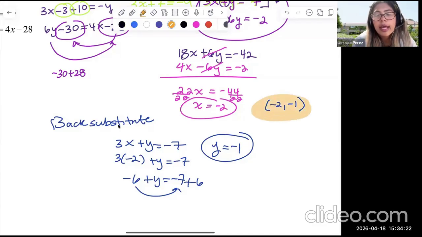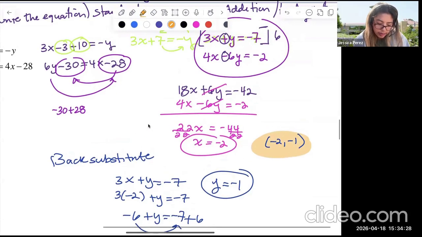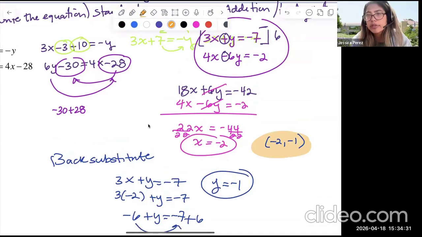So now, again, I'm making sure that I am substituting back into the original. You could have plugged it into 4x minus 6y equal negative 2, and you would get the same solution. So it's one or the other, and when you do those calculations, you should get the same answer. Let's say that you decided to do substitution, you would still get the same answer regardless.